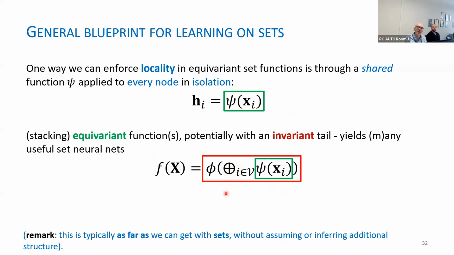As we introduced before, it can be the summation, the maximum, or the average, for example. This is the general formulation for an architecture that works on point sets, trying to preserve equivariance at the point level and invariance at the global level. That is normally what we would like to achieve.